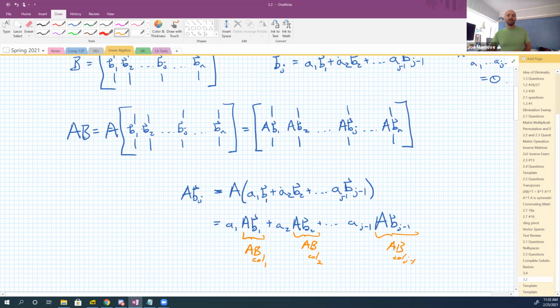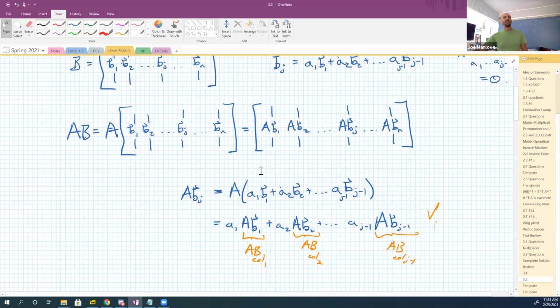So it is actually the same combination. What they meant by the same combination is it's the same scalars times the same column numbers, right? So, okay, yeah, check.